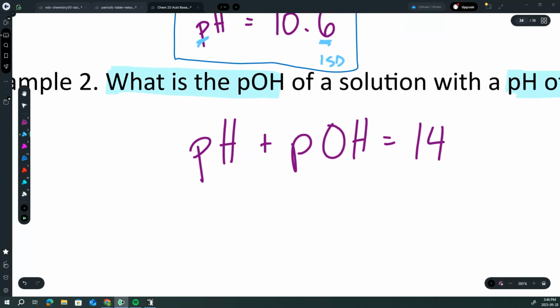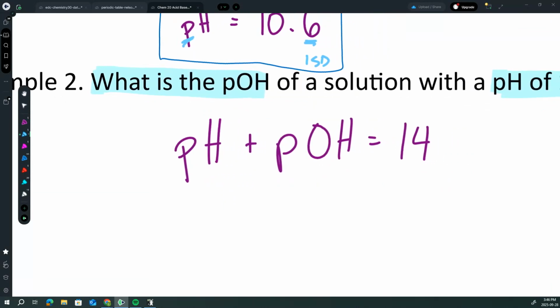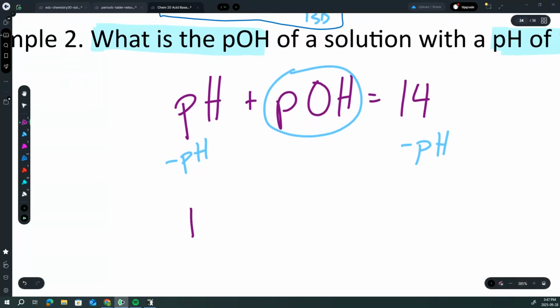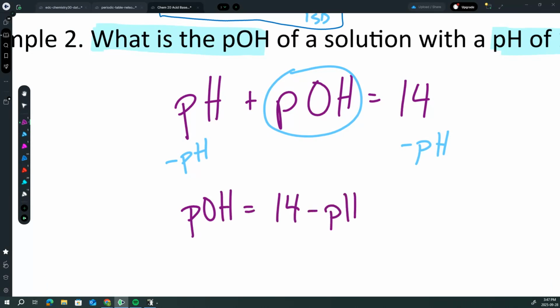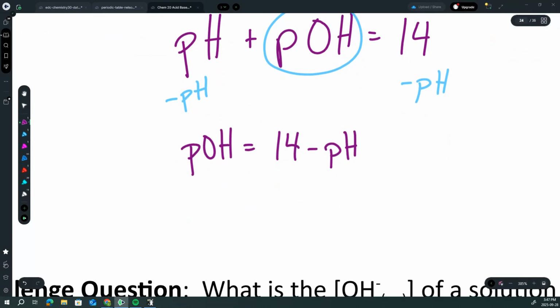This time, because we're asked what is the pOH, this is the thing we want to isolate. Mathematically, pH is adding to pOH, so we have to subtract pH, and what we do to one side, we have to do to the other. So then pOH is equal to 14 minus pH.